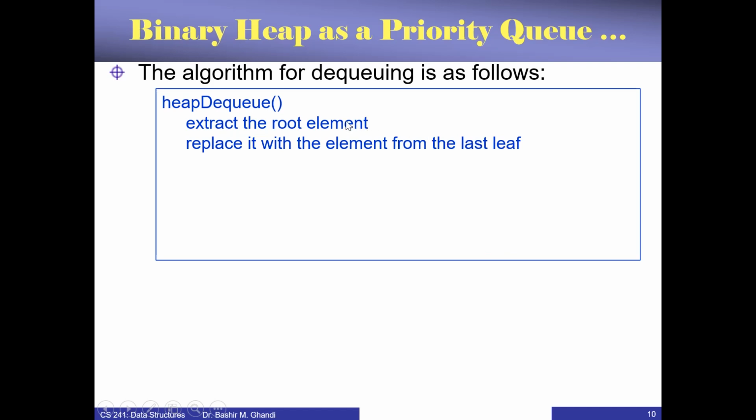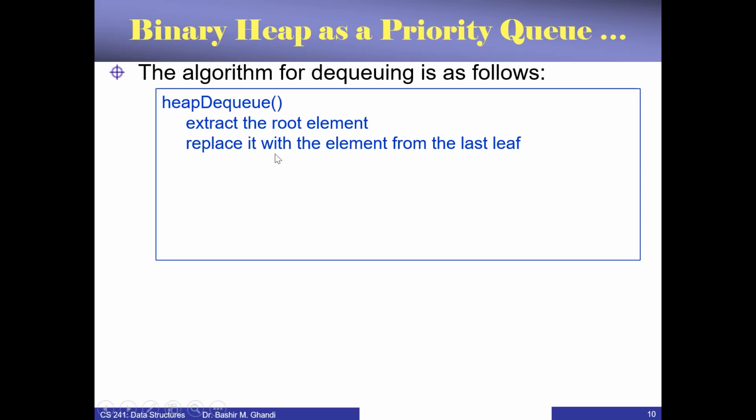As you recall, we said a binary heap, being a complete tree, can only increase at the bottom right. So it grows top to bottom, left to right. So there is only one place it can increase. Similarly, there is only one place it can reduce. The last element in the last level is the only one you can remove.